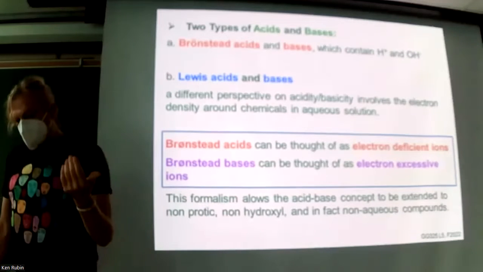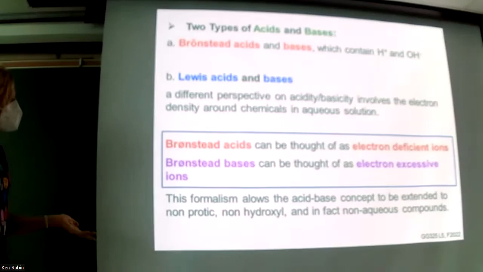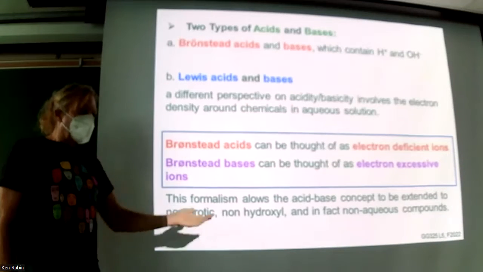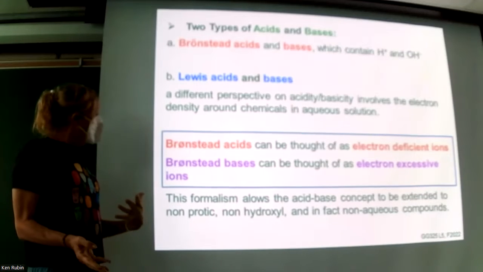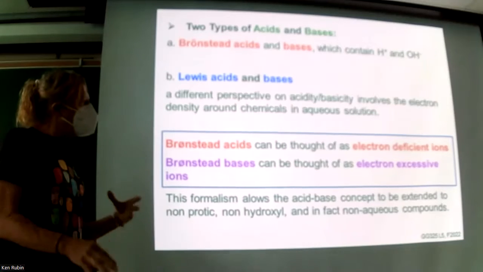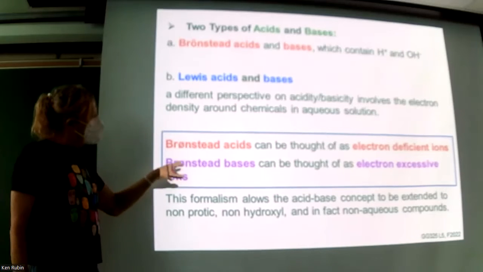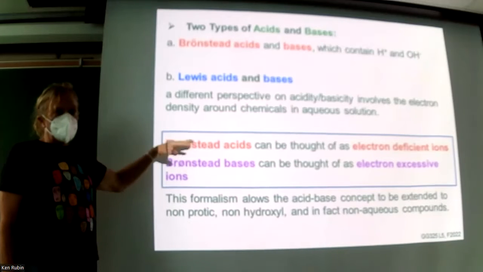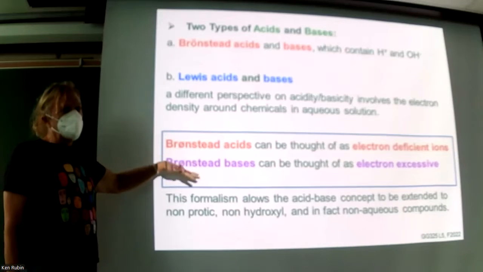A hydroxyl, a Bronsted base, is basically water missing a hydrogen ion, right? And so when the water split, it left behind a little bit of extra charge on that OH minus, and so it can be thought of as a Lewis base as well. Does that explanation make sense to everyone?